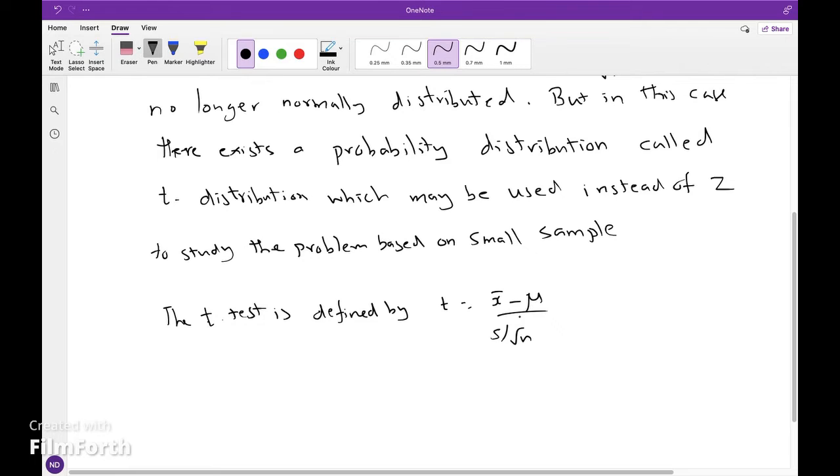It has been mathematically shown that s by square root of n plays the role of standard error.